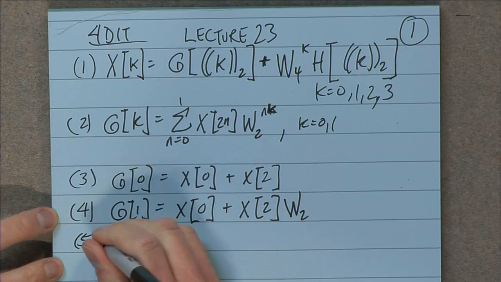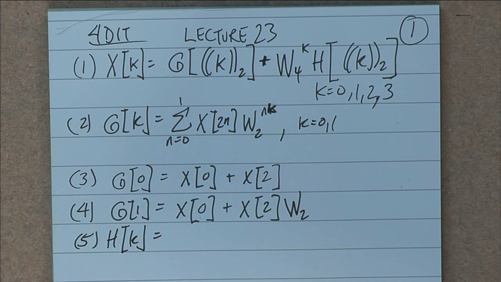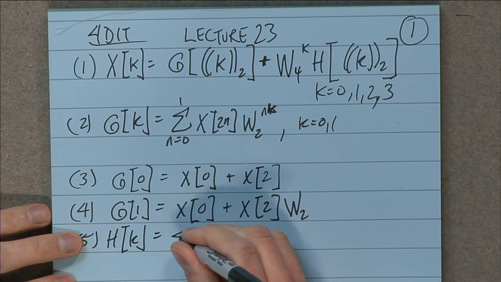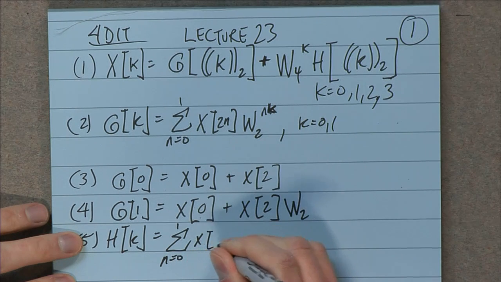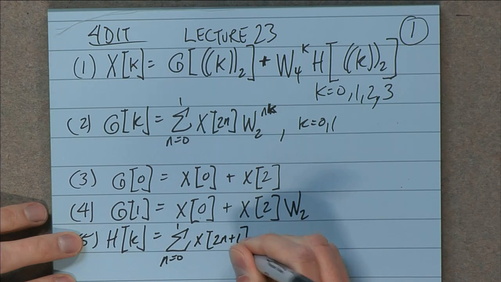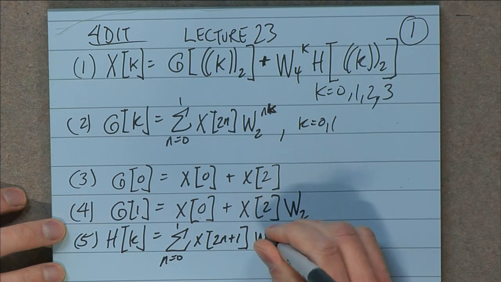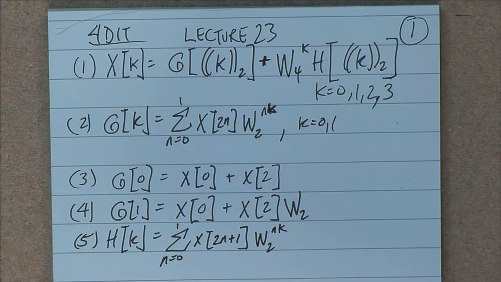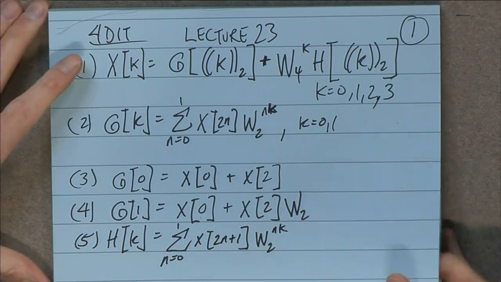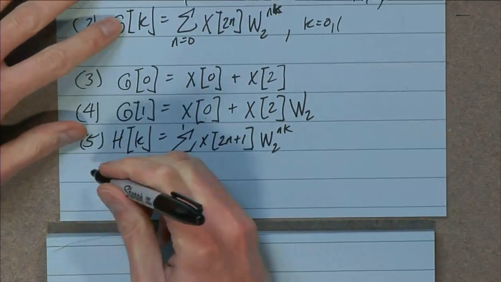So let's revisit what H was. H was also a 2-point DFT, but it was the odd samples. That's just the DFT formula for 2 samples. And luckily, it's very similar.